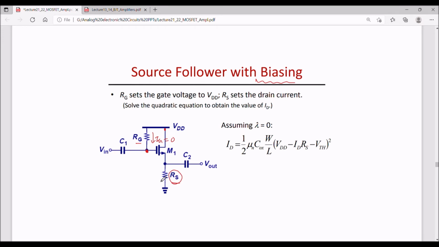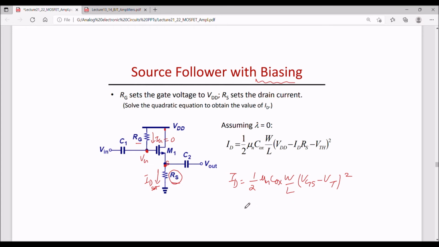So one can write the drain current flowing through RS in saturation. That is, ID is 1 by 2 mu n Cox W by L (VGS minus VT) whole square. And VG is equal to VDD, so I can replace VG by VDD, and VS, that is this point, is ID times RS.